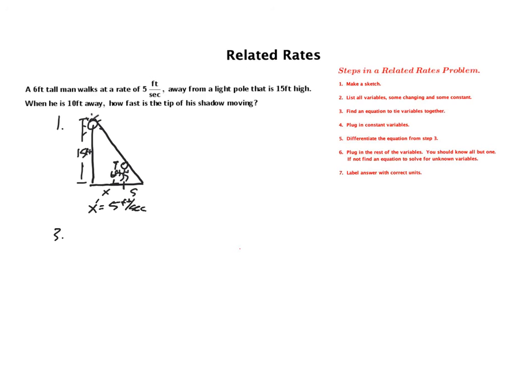Well, if you notice, there are similar triangles in this problem. So we have a triangle there, and we have this triangle. Those are similar triangles. They both have a 90-degree angle, and they share an angle. So we can set up a similar triangle equation.